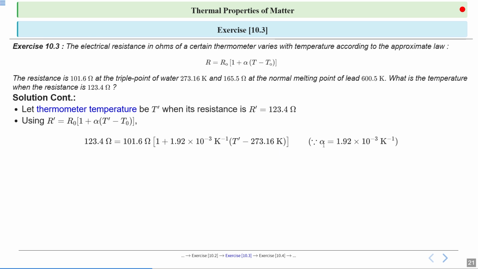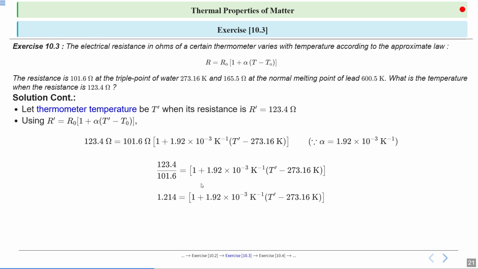We already calculated the value of alpha. Solving this, you will get 123.4 divided by 101.6 is equal to 1 plus 1.92 into 10 raised to the power minus 3 per Kelvin into T prime minus 273.16 Kelvin. So 1.214 is equal to 1 plus 1.92 into 10 raised to the power minus 3 per Kelvin into T prime minus 273.16 Kelvin.